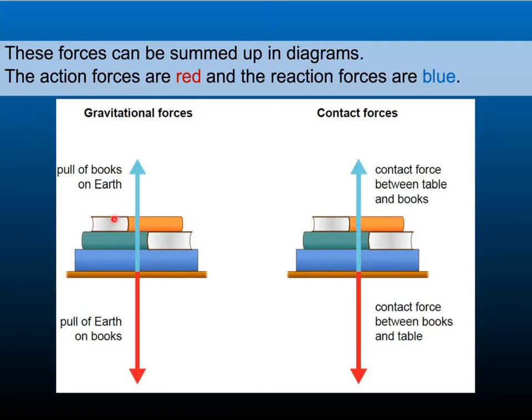But you need to remember that the books are also an object with mass, so they have their own gravity. So the book's gravity is trying to pull the Earth back. So we've got the action force of the Earth pulling on the books and the reaction force of the books pulling on the Earth.